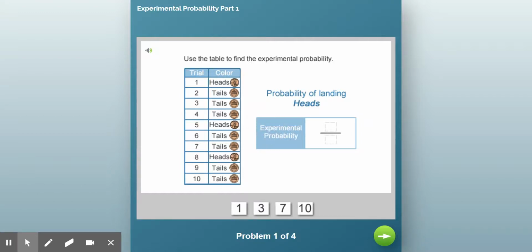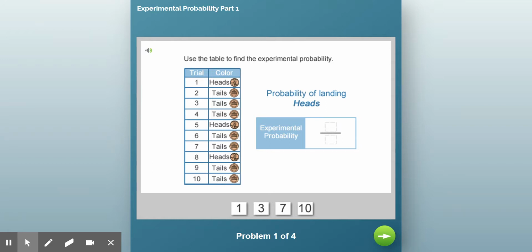Okay, so today we're doing experimental probability. We've already talked about theoretical probability quite a bit, and that's the probability that something should happen based on outcomes. Experimental probability is what did happen based on an experiment that was done.